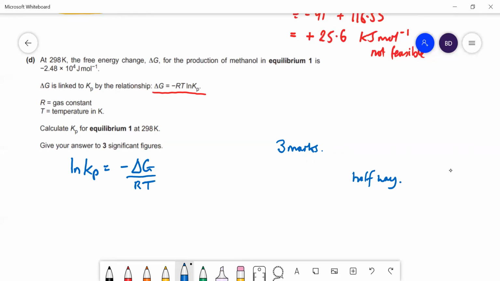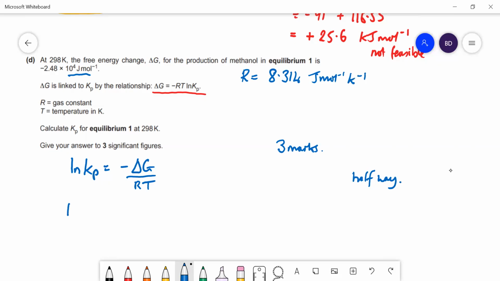Right, we have to be careful with our values here. Delta G, they've given it in joules per mole, and that is good because the ideal gas constant R is given in joules per mole per Kelvin, and that is equal to 8.314 joules per mole per Kelvin.